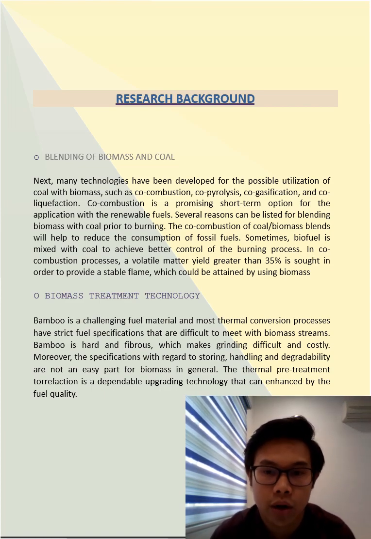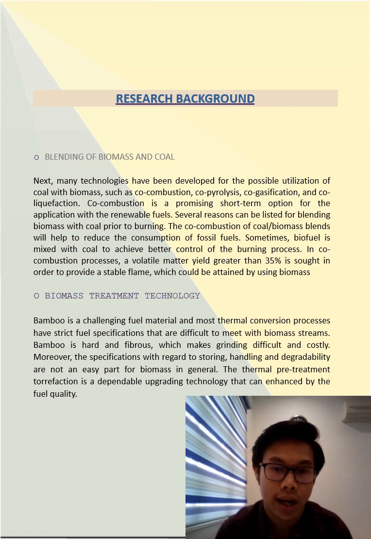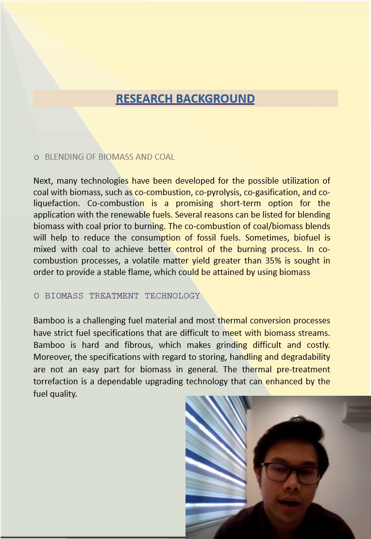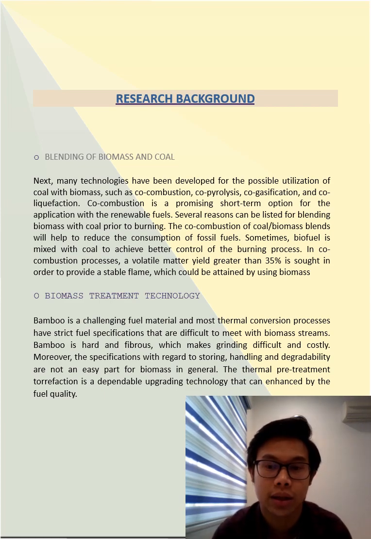The co-combustion of coal and biomass blends will help to reduce the consumption of fossil fuels. Sometimes, biofuel is mixed with coal to achieve better control of the burning process. In co-combustion processes, a volatile matter yield greater than 35% is sought in order to provide a stable flame, which could be attained by using biomass.